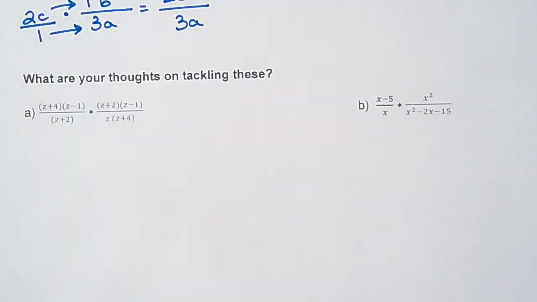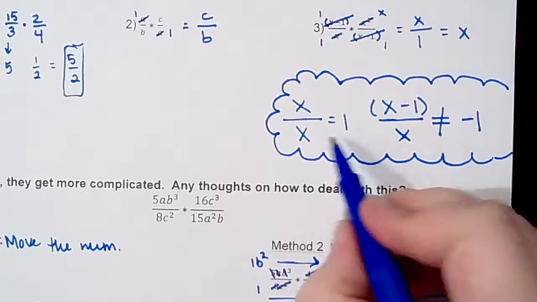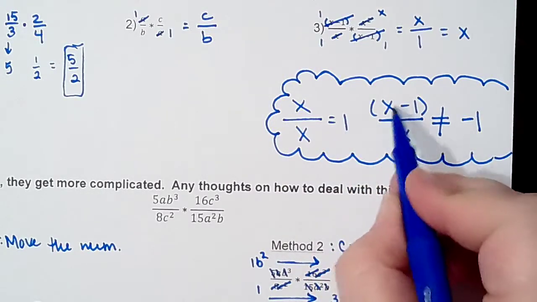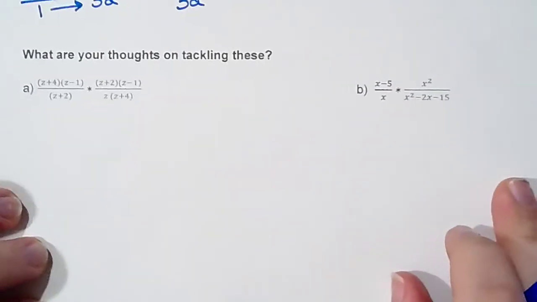Alright, what are your thoughts on tackling these? Please remember the cloud of death that I showed you at the beginning of this video when you're thinking about those. Alright, hopefully you've got an idea here. Remember when I said we can cancel or reduce things that are the exact same, but we cannot reduce when there's addition and subtraction involved.